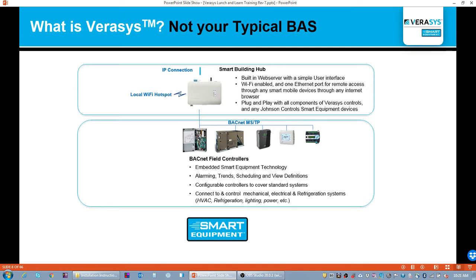You connect up to our smart building hub, and then through a BACnet MSTP trunk, you connect up to what we call our BACnet field controllers, which have embedded smart equipment technology in them. This is where we have alarms, trending, schedules, those view definitions. Everything that was in that supervisory controller above is in the controllers for Verasys.